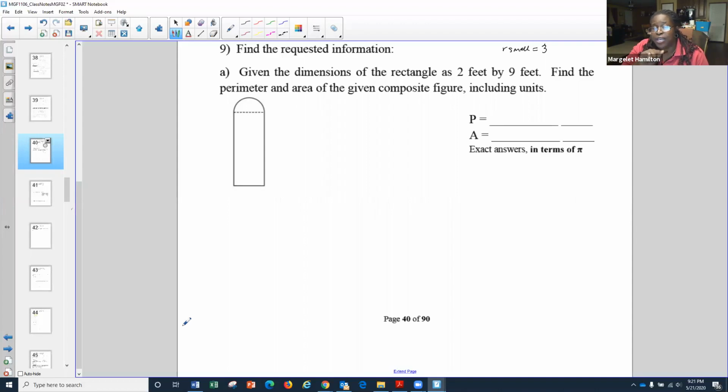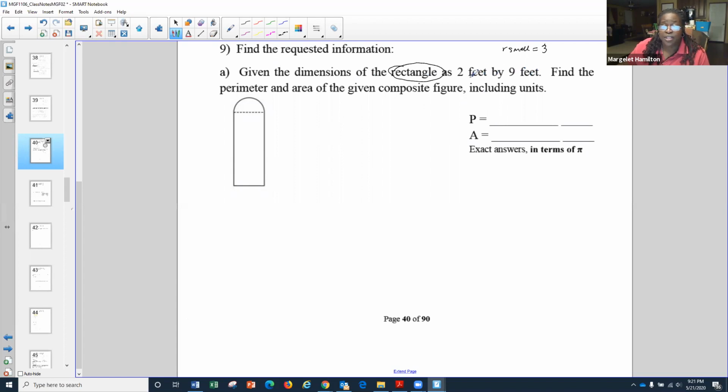Okay, so they're telling you in the write-up what you have. Let's read it. It says, given the dimensions of a rectangle, you already know that, as 2 feet by 9 feet, find the perimeter and area of the given composite figure, including units. All right, they already tell us we have a rectangle, and it measures 2 feet by 9 feet.